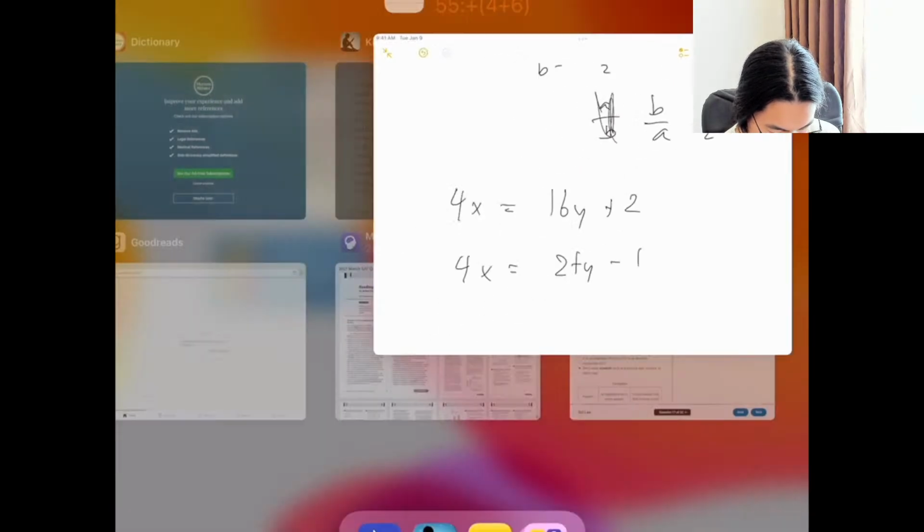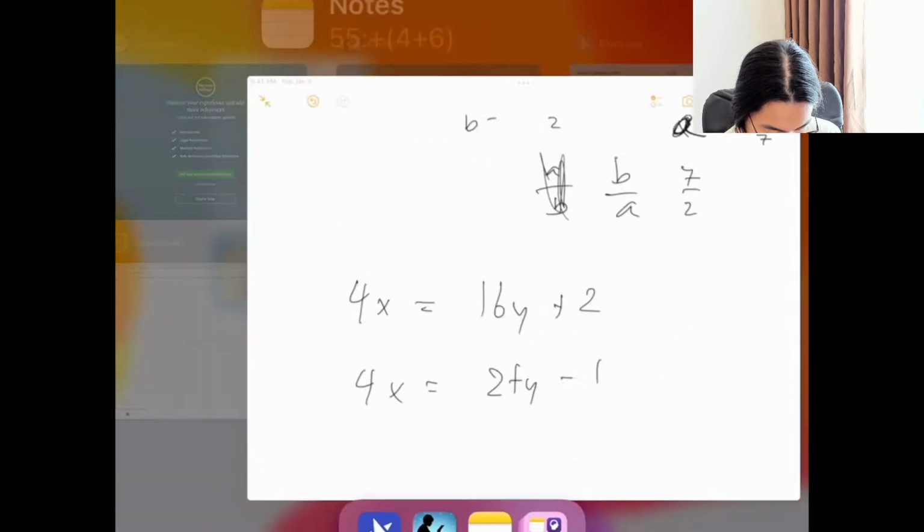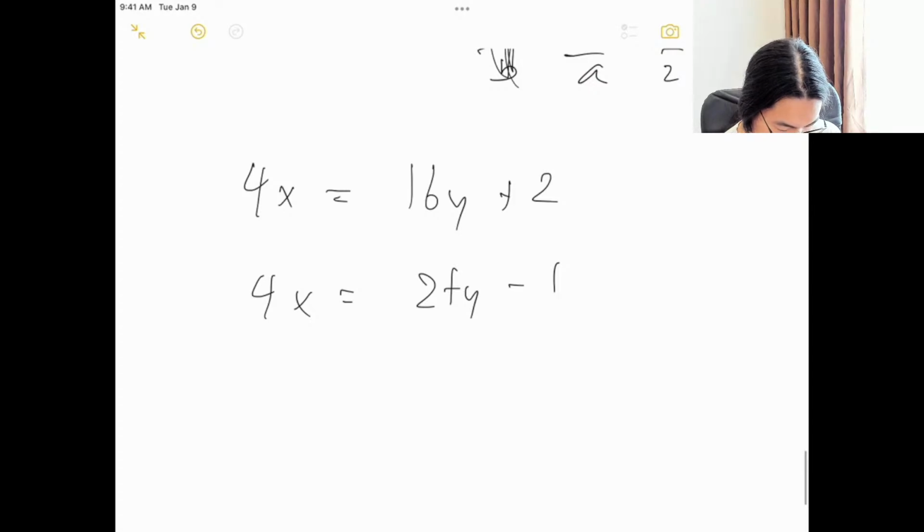Is that correct? Correct. So then we just make these things equal to each other. 16y plus 2 is equal to 2ty plus 3 equals 2ty.